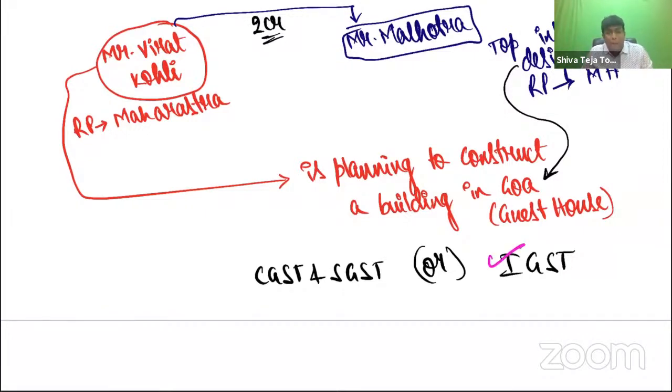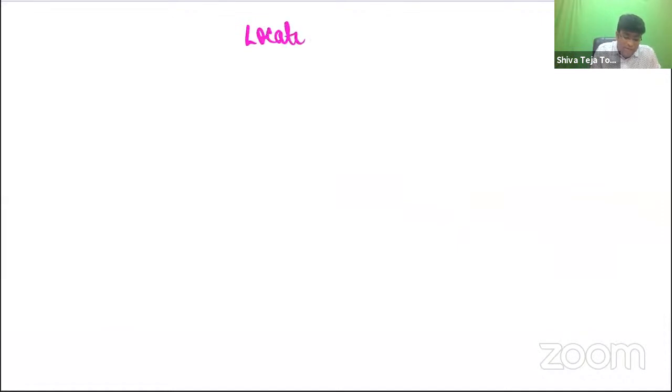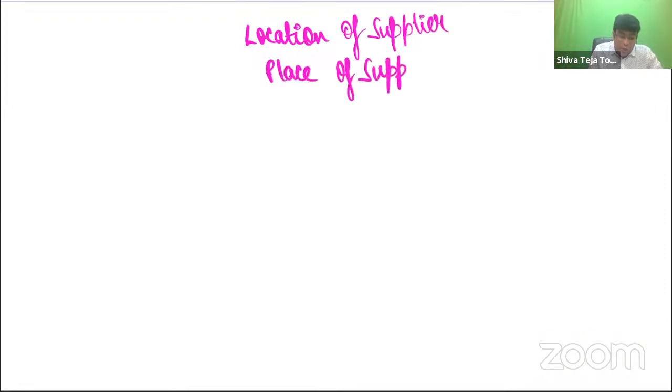Because one point very clearly is that we look at two important parameters to decide whether a transaction is interstate or intrastate. That is, number one, location of supplier, and second important parameter is place of supply. These are the two important elements we look at.